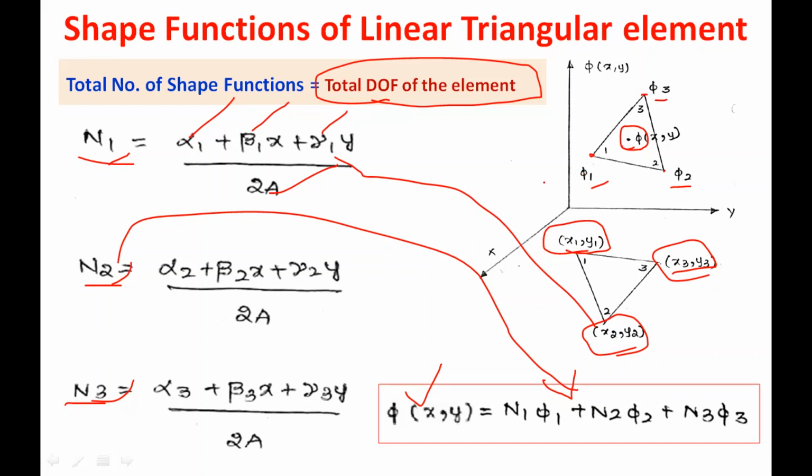For some engineering applications, we can use this triangular element with 1 degree of freedom at each node. That means scalar variables, which will not change their magnitude with respect to direction. Temperature and pressure are all scalar variables which do not change their value with respect to direction.